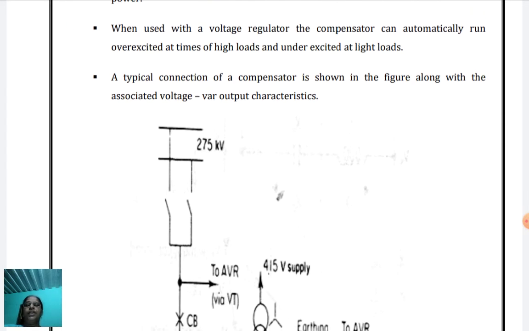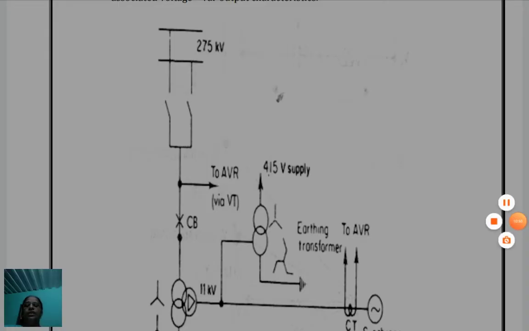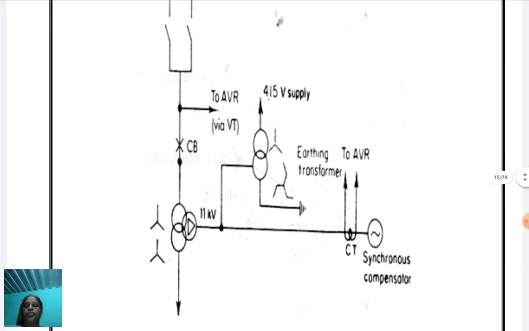So the typical connection of the compensator, you see the diagram: 275 kV is the line, then it comes to the circuit breaker, the cross mark is the circuit breaker. Here we are using the 3 winding transformer. Two windings are delta connected and one winding is star connected. The earthing transformer is there.